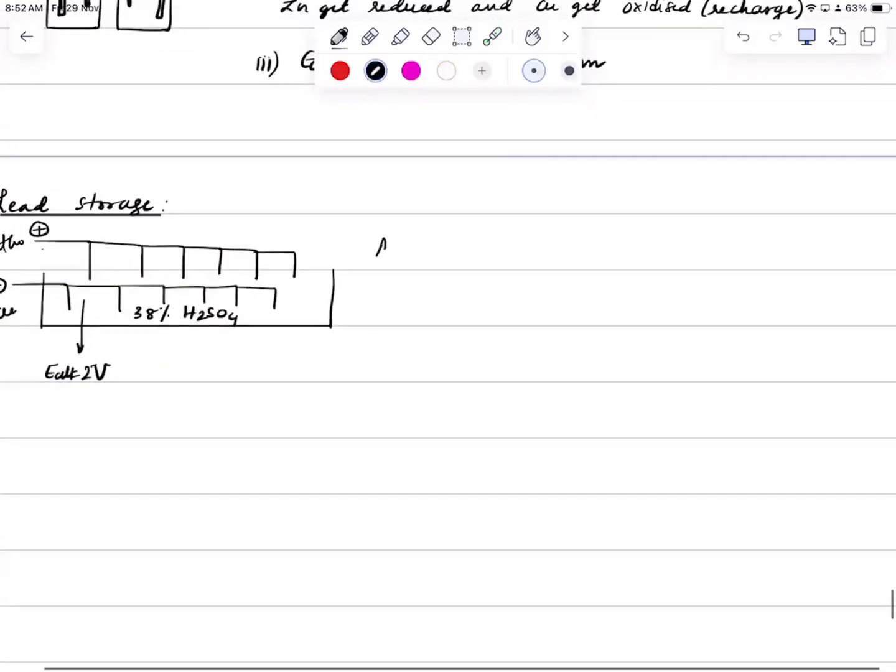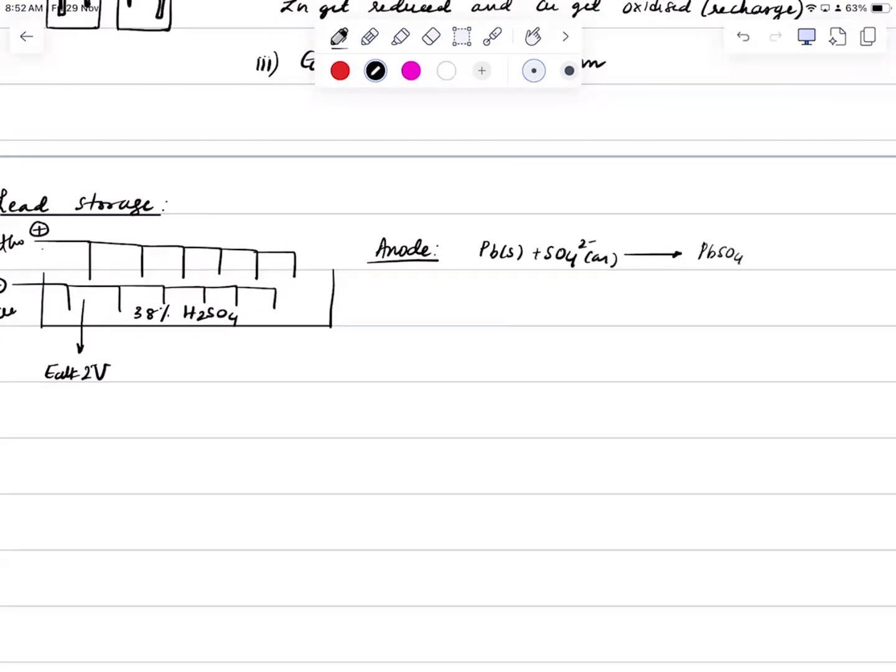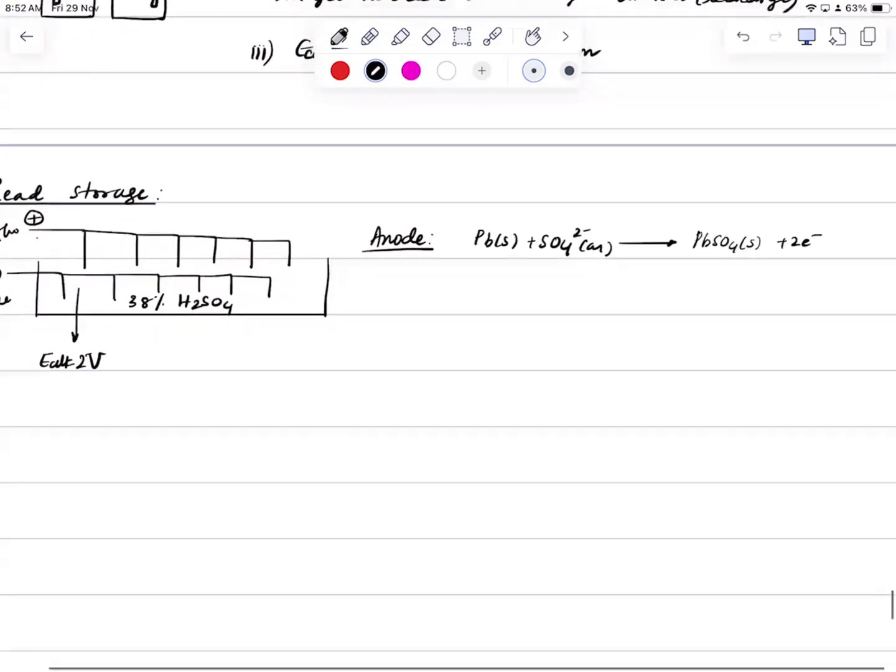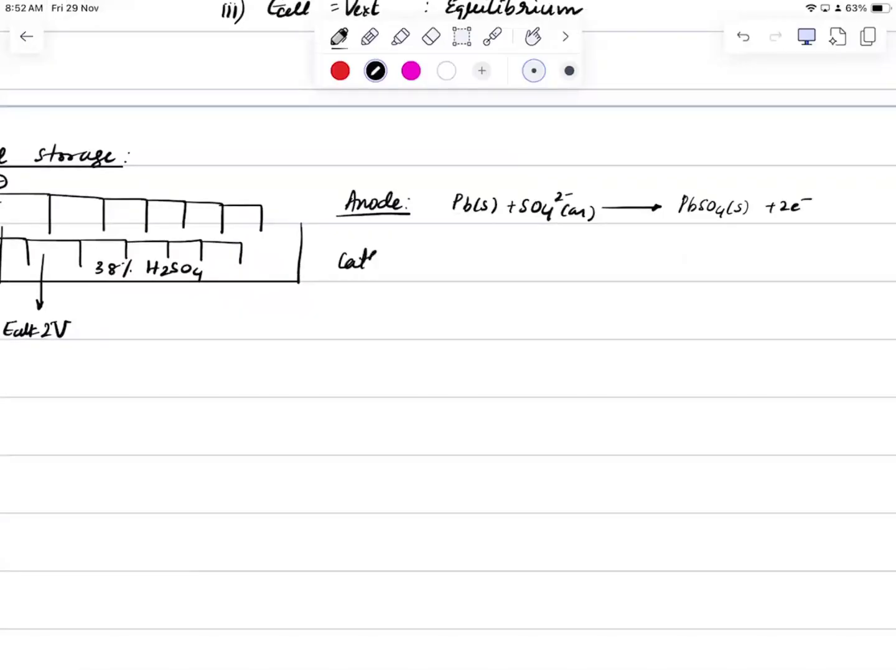So at anode, what do we have? Anode reaction would be lead Pb reacting with SO4 2- in the solution present, converting into PbSO4 solid plus 2 electrons. While cathode will have PbO2 solid plus SO4 2- aqueous plus 4H+, and consuming these two electrons, it will also become PbSO4 plus 2H2O liquid.